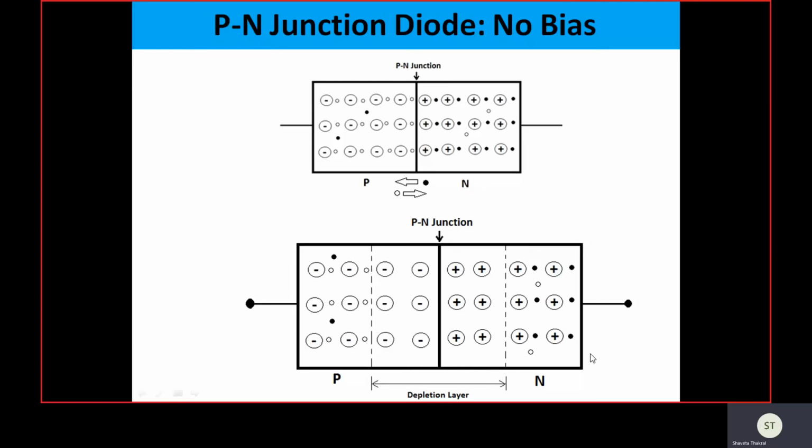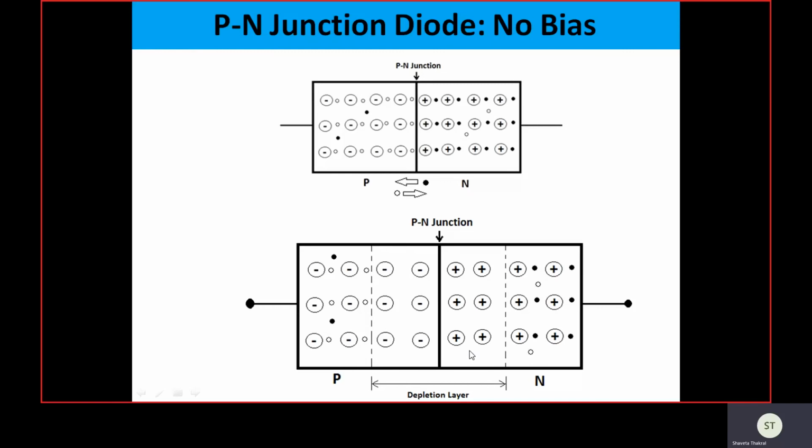This voltage is material dependent. In the case of silicon, the knee voltage is 0.7 volt, and in the case of germanium, usually it is 0.3 volt. So how do we define knee voltage? It is the minimum amount of voltage required to break the potential barrier at the junction.